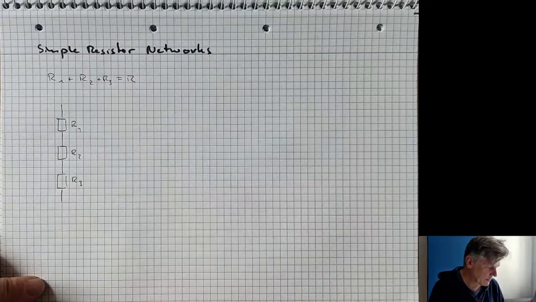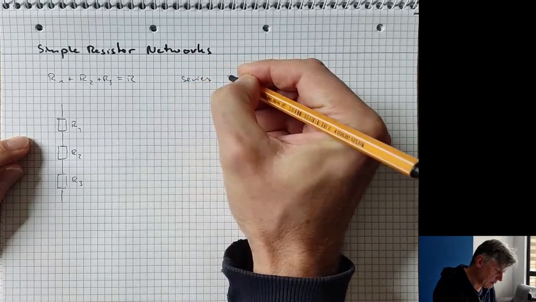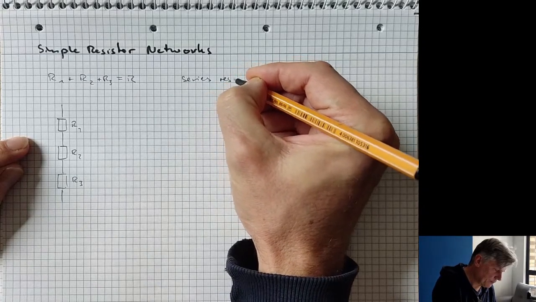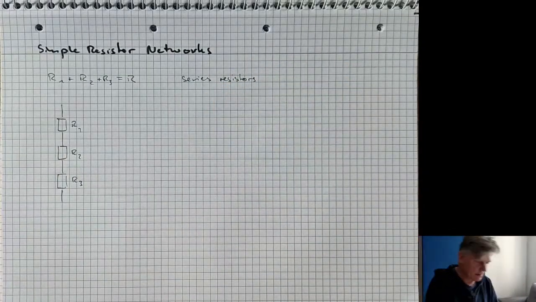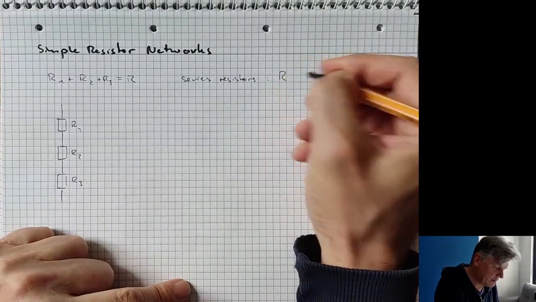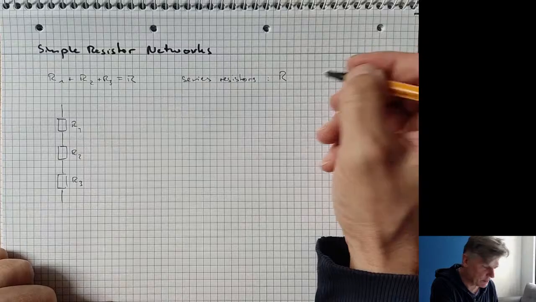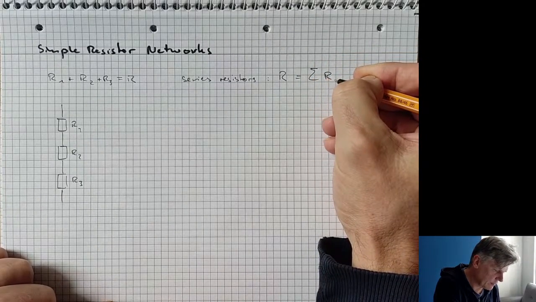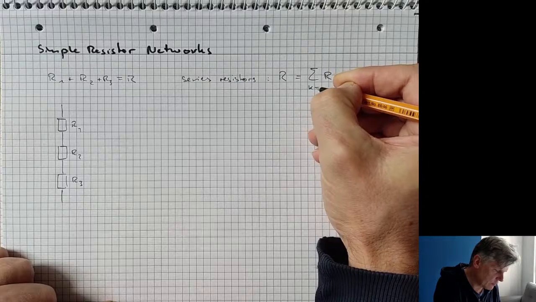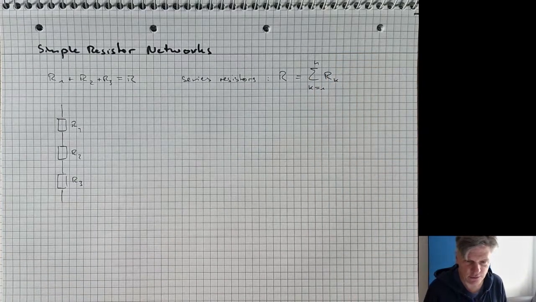So in general, we can say if we have resistors in series, the effective resistance, the total resistance of this network, is the sum of all the resistances, index k from 1 to n, if you have n different resistors.